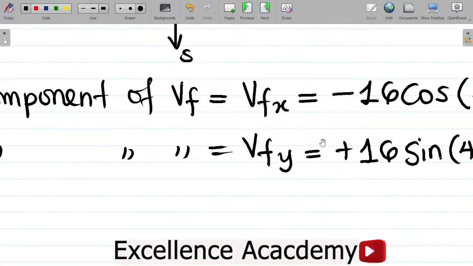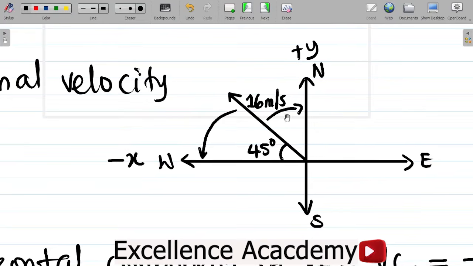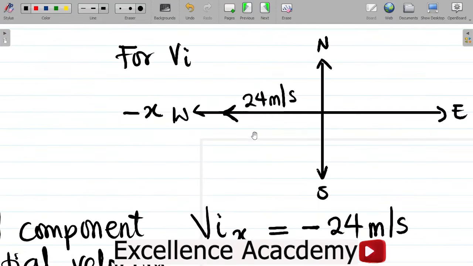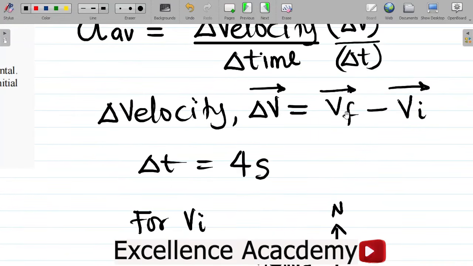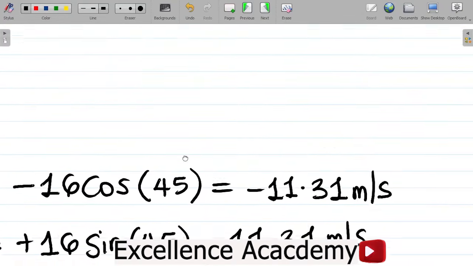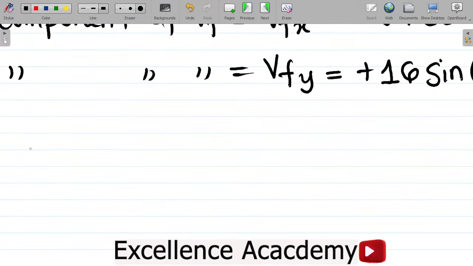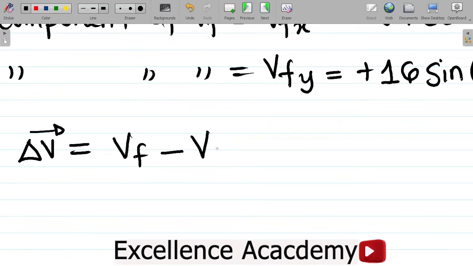All right, with this, let's now get the value of the change in velocity. The change in velocity is VF minus VI, initial.